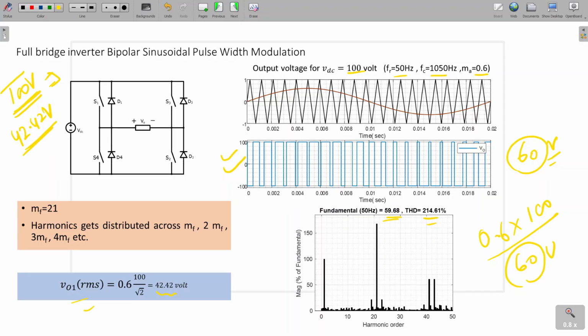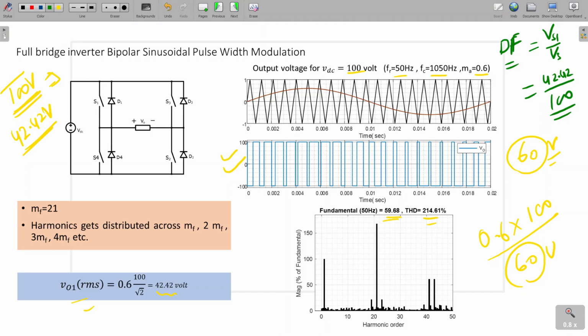What will be the THD? What will be the distortion factor for this one? Fundamental by this one, VS1 by VS. So that will be 42.42 divided by 100.